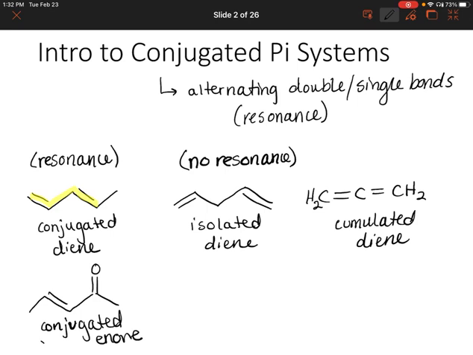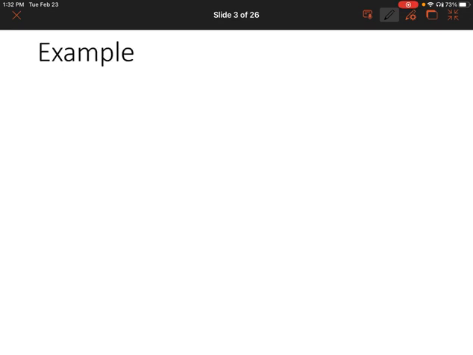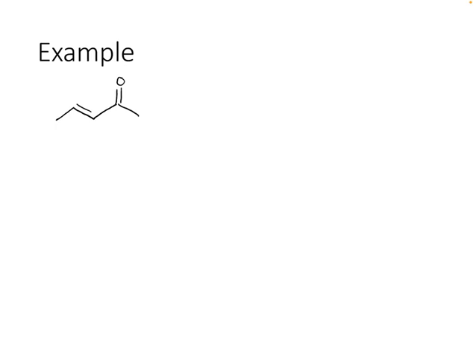All right, so let's actually look at that conjugated enone. And let's try to figure out what the resonance structures for this molecule look like. All right, and we're only going to move one pi bond at a time for these resonance structures.